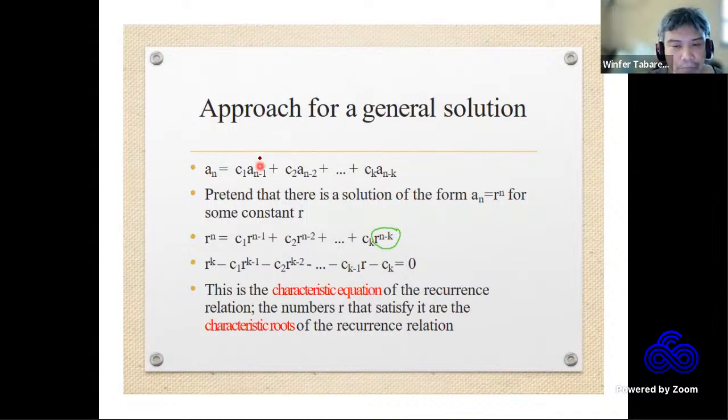Because it's a polynomial equation, we can solve for its roots, and the roots we get from the characteristic equation are what we call our characteristic roots. The characteristic roots will become important when solving our recurrence relation.